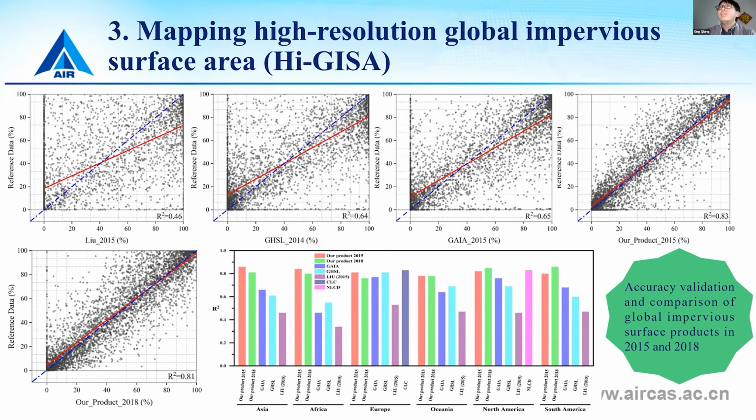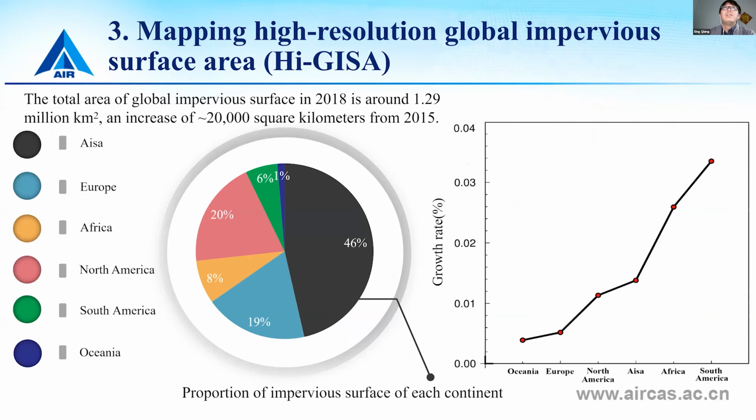The one in 2015 and the one in 2018 give almost very similar results for R square. And our monitoring result shows that the total area of global impervious surface in 2018 is around 1.29 million square kilometers, an increase of 20,000 square kilometers from 2015.